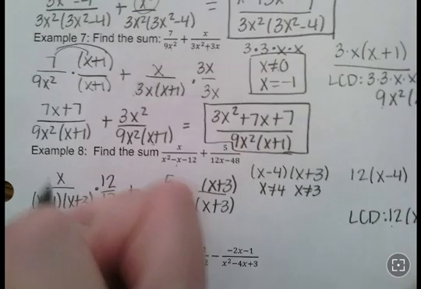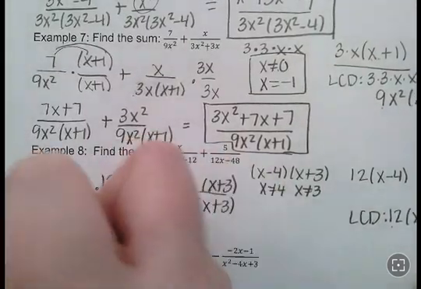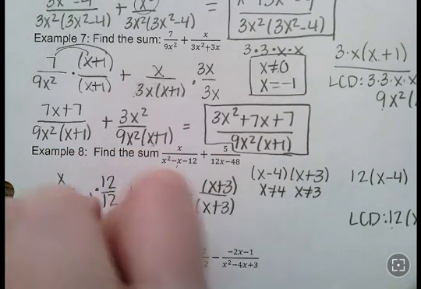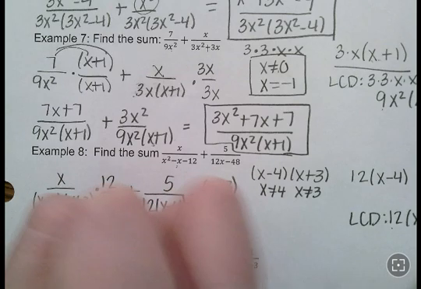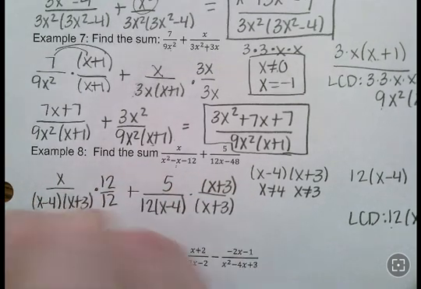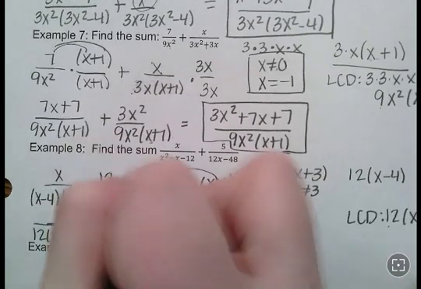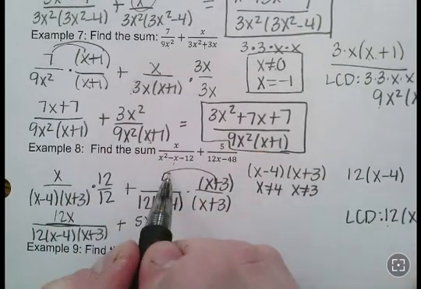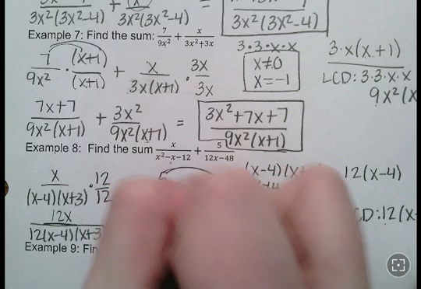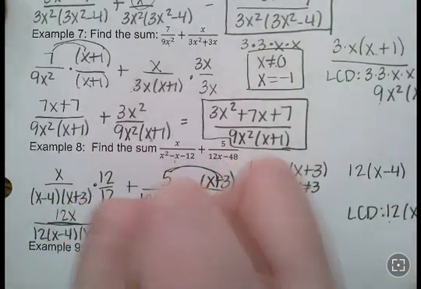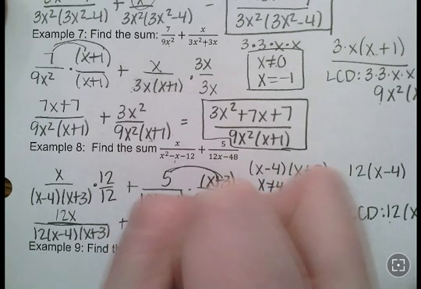So now we just clean it up. X times 12, well, that's 12x over 12 times x minus 4 times x plus 3. Okay? Plus, and then 5 times x is 5x. 5 times 3 is a plus 15, divided by 12 times x minus 4 times x plus 3.